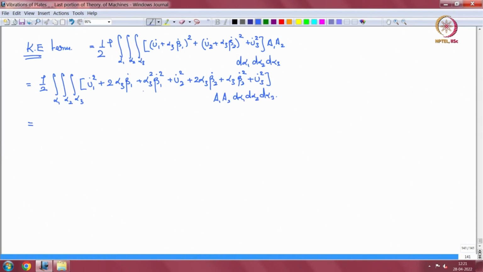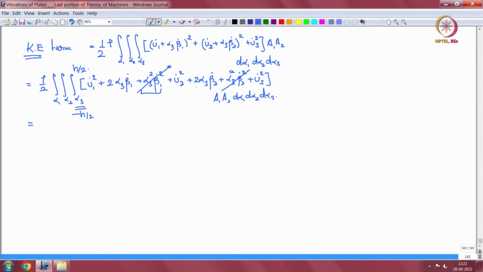Now if we integrate alpha 3 square with respect to alpha 3 from minus h by 2 to h by 2, we will get alpha cube over a small thickness h, which is h cube. So we are going to neglect that term, ignore those alpha 3 squared terms.